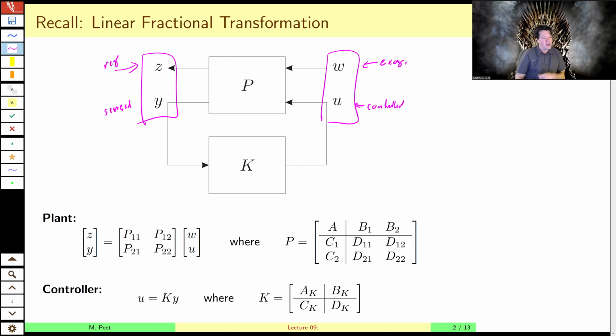Right. And we have 2 possible choices for representation of that nominal plant to be controlled. One is the transfer function system representation, which gives you the individual maps from each of those inputs to each of those outputs. And the other one, if you manage to construct it, is the 9 matrix representation.